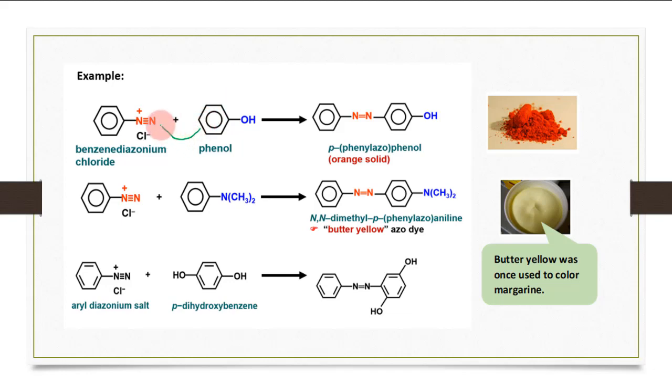So we attack the nitrogen and then push away the triple bond to form a double bond. So you're making a bond over here at the para position. Similarly, if you have a tertiary aromatic amine, we still use the para position. Attack at this nitrogen, pushing the extra bonding towards the positively charged nitrogen, forming the bond over here.